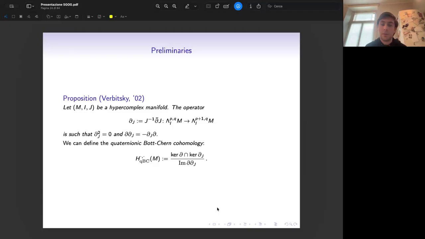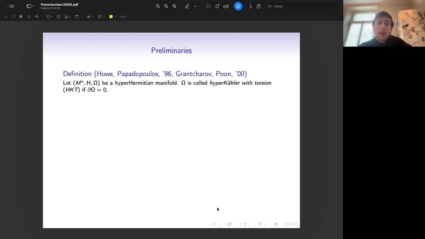It's just morally the same as the Bott-Chern cohomology in complex geometry, and so it's the kernel of del intersected with the kernel of del J modulo the image of del J. And as we will see, this type of cohomology will come back often later.